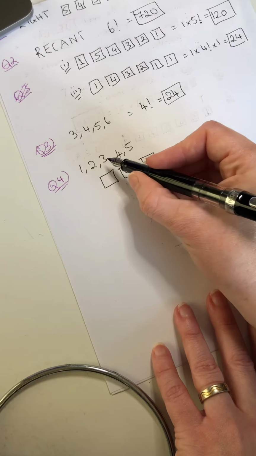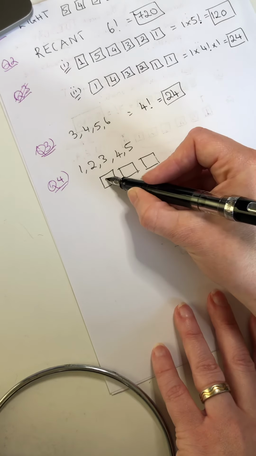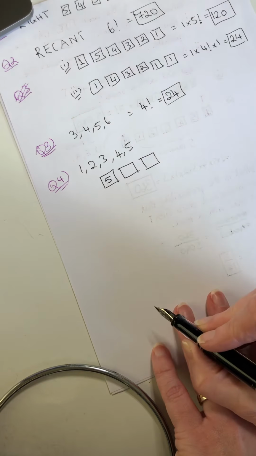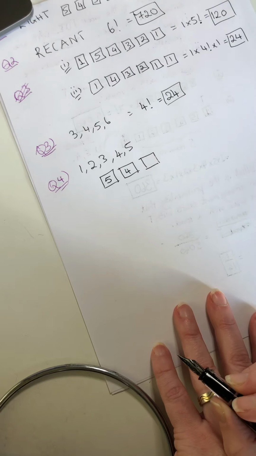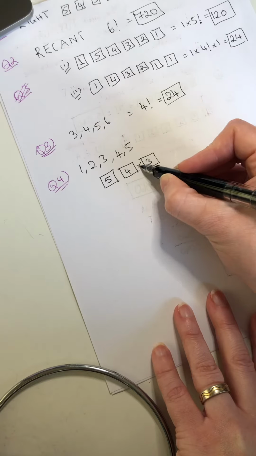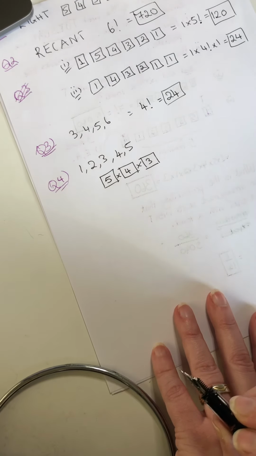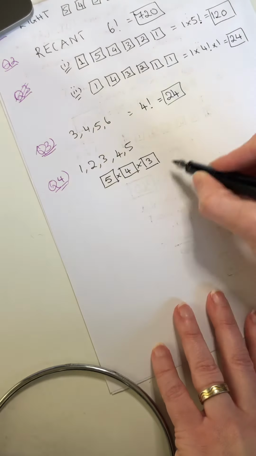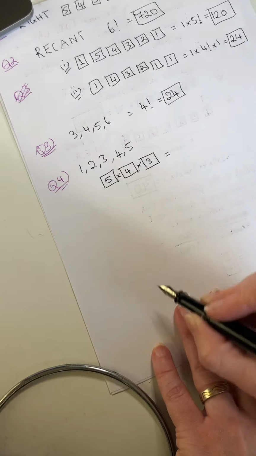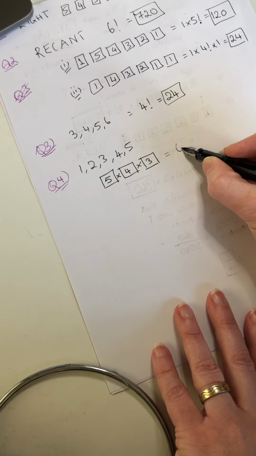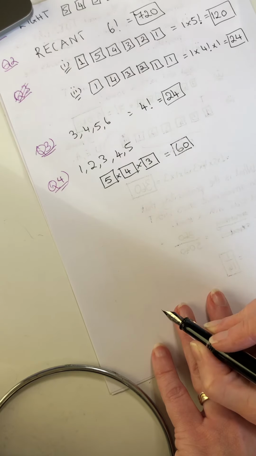There are 1, 2, 3, 4, 5 different options to choose from. So I have 5 options for the first digit, leaving me with 4 options for the second digit and 3 options for the third digit. So this is a little bit like our restrictions, very slightly different because we're not using all the numbers this time. And when I multiply those together, I have 20 by 3, which is 60 different possibilities.